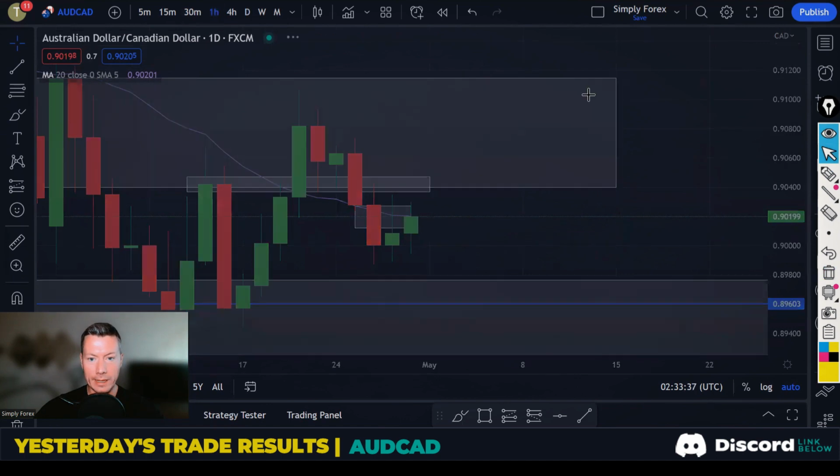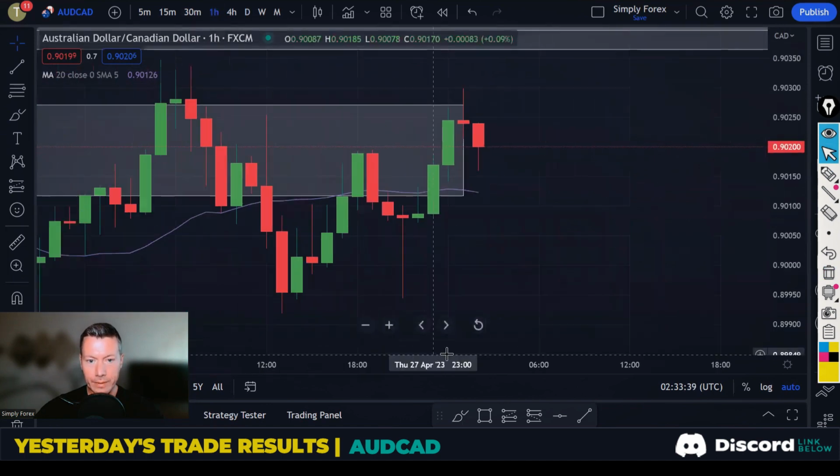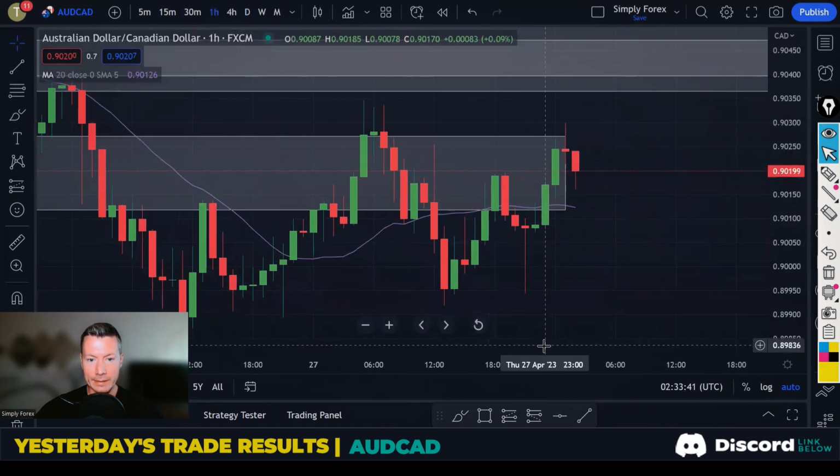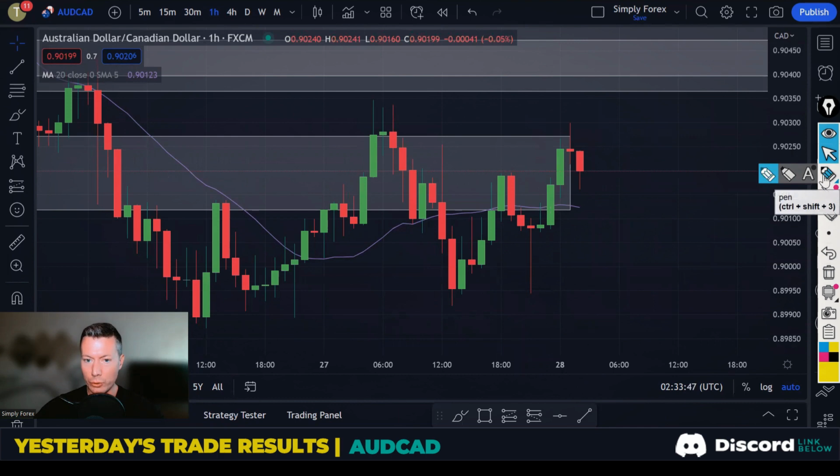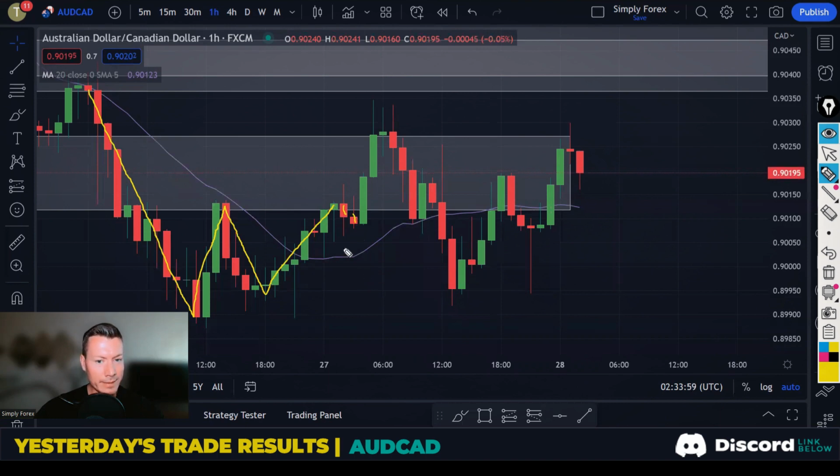If we drop down to the H1 now, let's see how we could have entered this pair. It was a little bit tricky, but let me show you why. As you know, guys, I like to be with H1 structure. So when price came up to here, we got this candle and this candle, but none of them tell me sellers are in control.